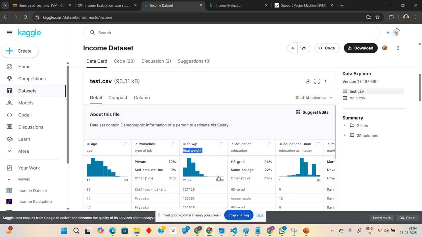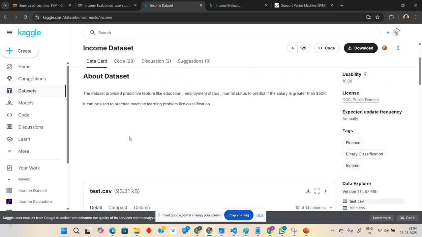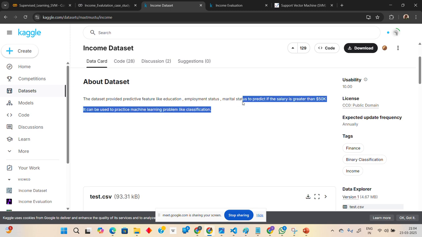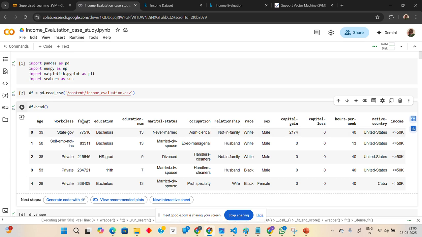Then education, such as higher graduation, some college or others. This data set has predictive features like education, employment status, marital status. Ultimately, we want to predict whether the salary is going to be greater than 50K or less than 50K. That is the ultimate goal.